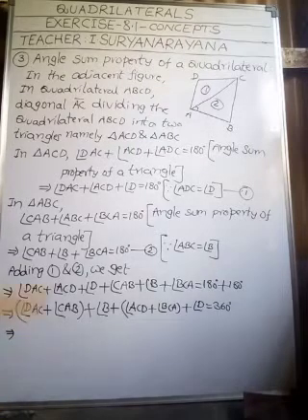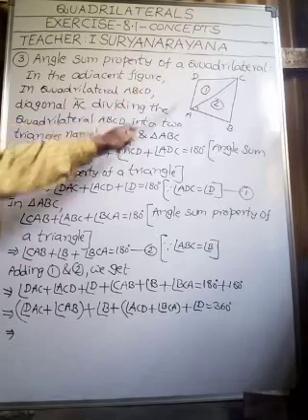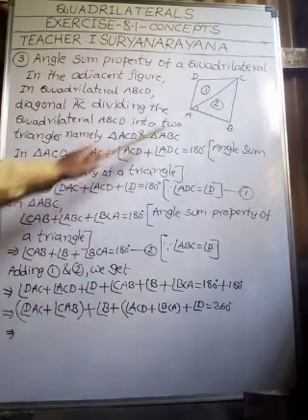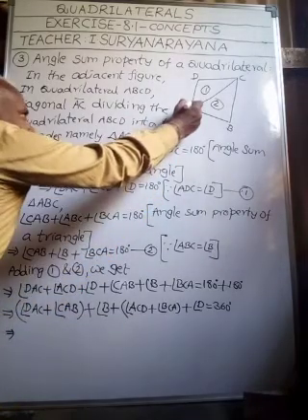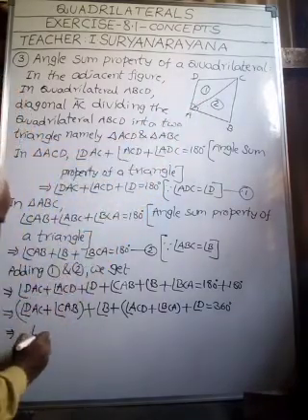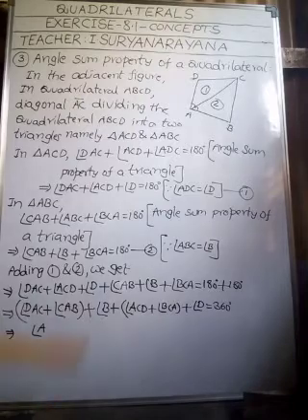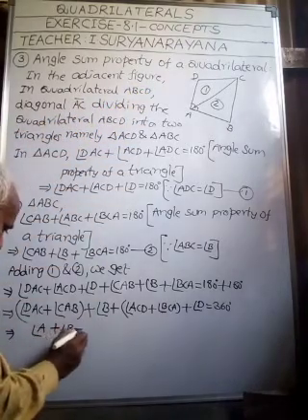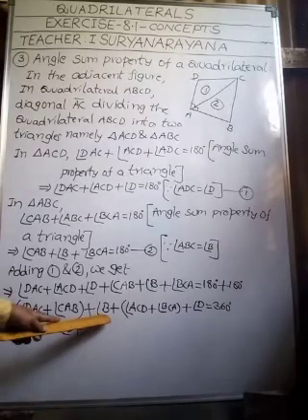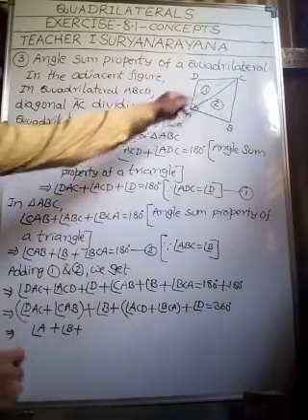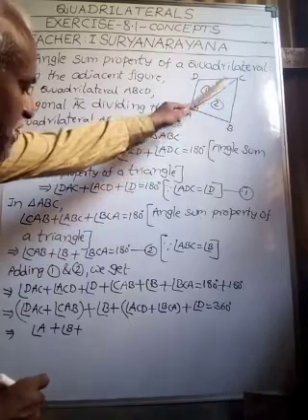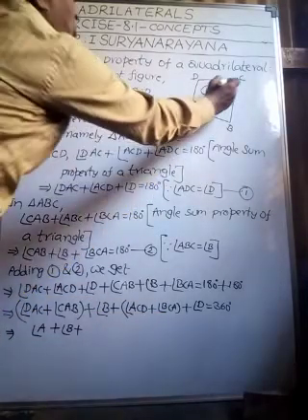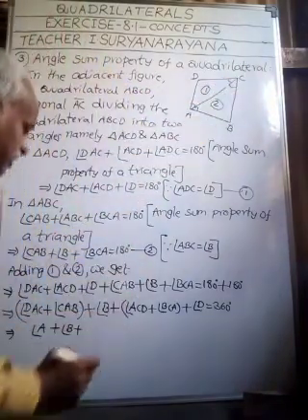If you observe the figure, angle DAC plus angle CAB, what makes these two angles? Angle A. Yes or no, my children? Angle A plus angle B. I am writing angle B as it is. Again angle ACD plus angle BCA, these two angles together make angle C. Isn't it, my children?